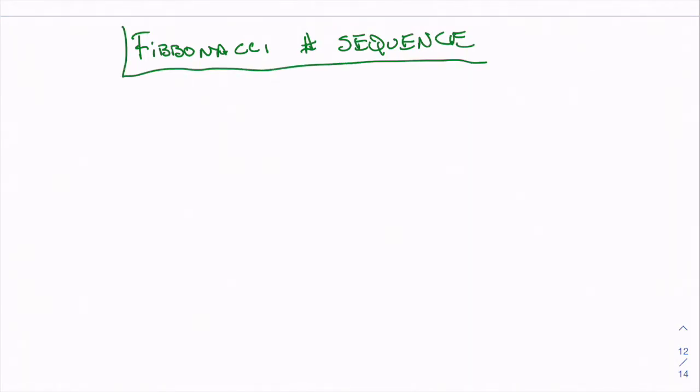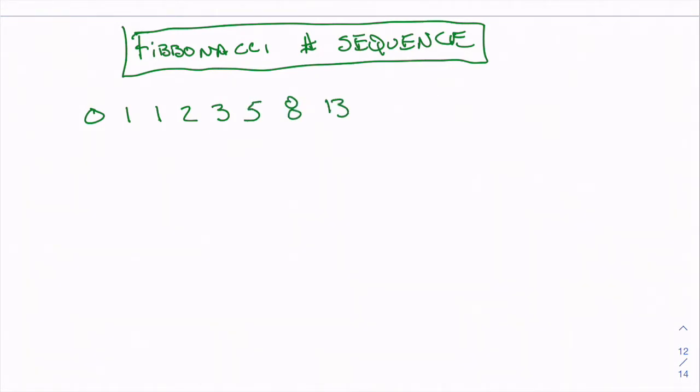All right. So you've got 0, 1, 1, 2, 3, 5, 8, 13, 21, and so on and so forth.